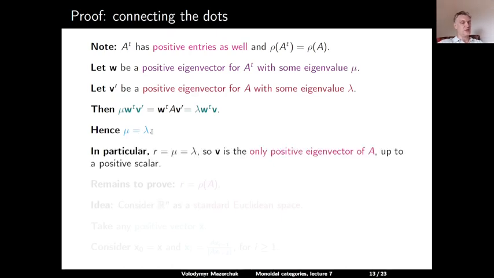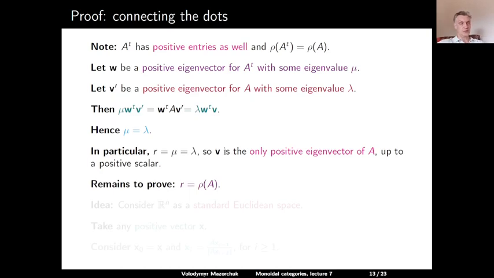So in particular, we deduce that R, for which we have a positive eigenvector, should be equal to both mu and lambda. In other words, V is the only positive eigenvector for A, up to a positive scalar. So this establishes the uniqueness of the positive eigenvector for A.